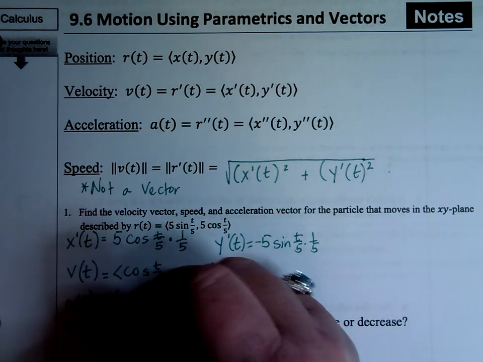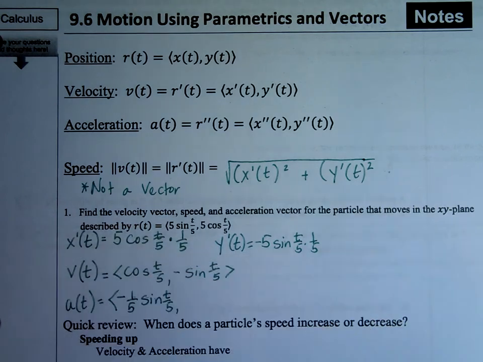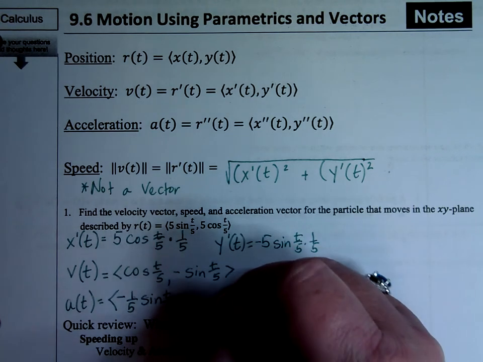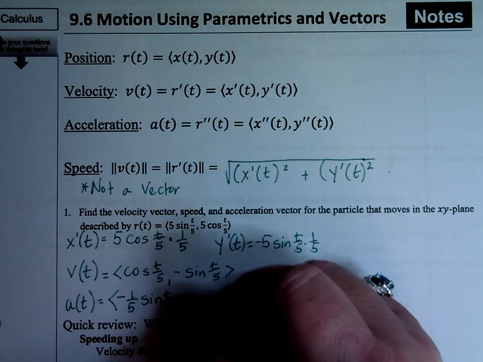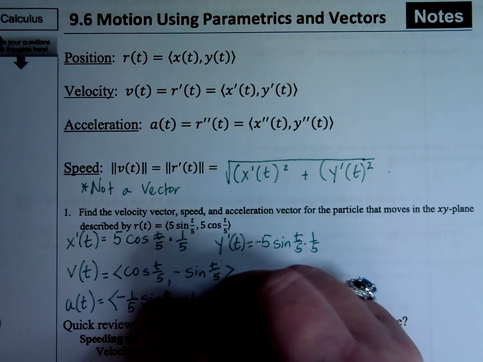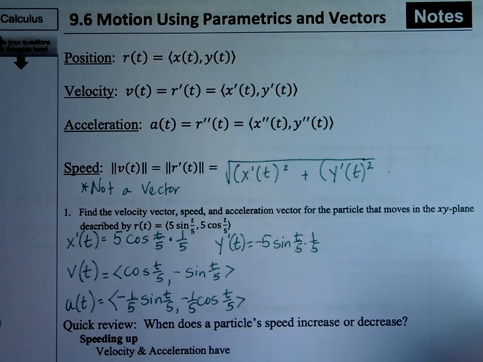I'm going to put that in the front. Same thing is going to happen for the y component. It is going to be a negative, leave a space, derivative of sine is cosine of t over 5 times the derivative of t over 5, which is 1/5, put it in front. And there you go. Now you've got the acceleration vector.